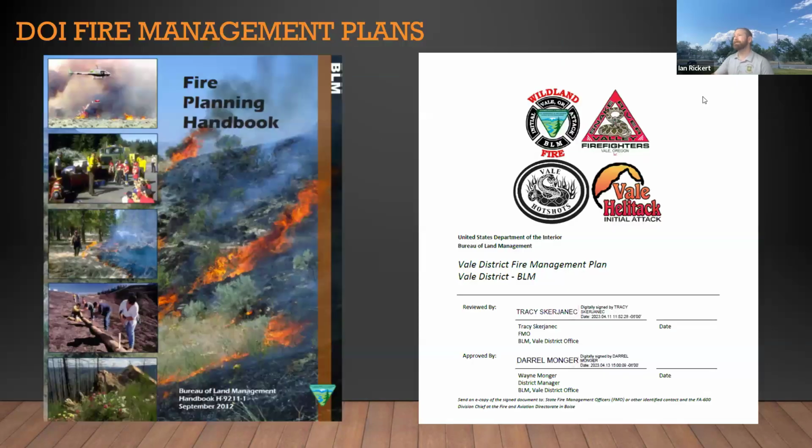Department of Interior fire management plans, well, I talked about authority here for a second. Who's actually responsible by policy? Here's an example, right? Reviewed by an FMO and approved by a district manager. Pretty darn similar throughout the DOI agencies in terms of who's actually doing this.